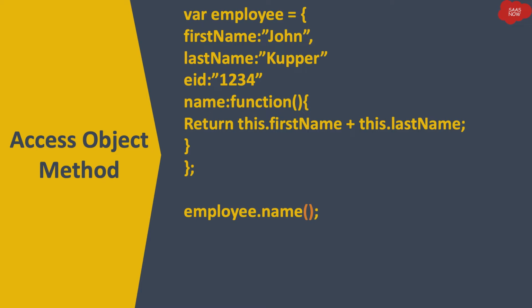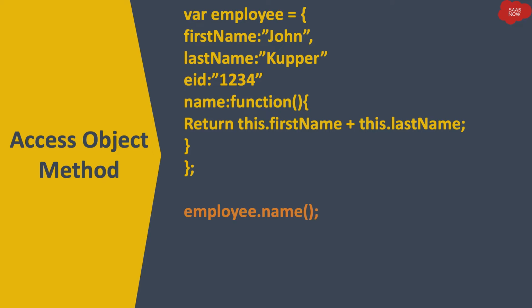Once you mention the brackets, why are we mentioning them? Because that's the difference between accessing a property of an object and accessing a method of an object. It's totally different. So if I have to access a method, I will use the object name, dot, the name of the method, and then I will use brackets.